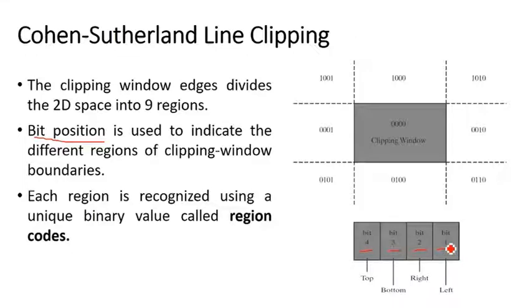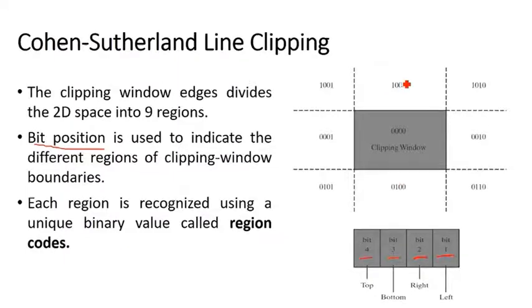I use the first bit to represent the left side, the second bit to represent the right side, the third bit to represent the bottom side, and the fourth bit to represent the top side of the window. Using this bit representation, I go on assigning bitwise codes for all these regions.